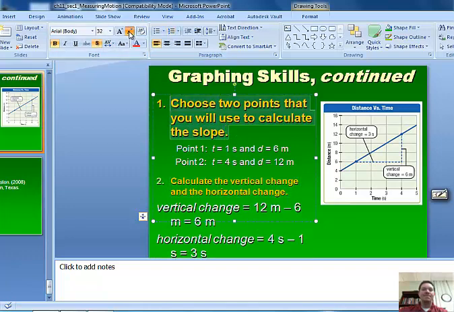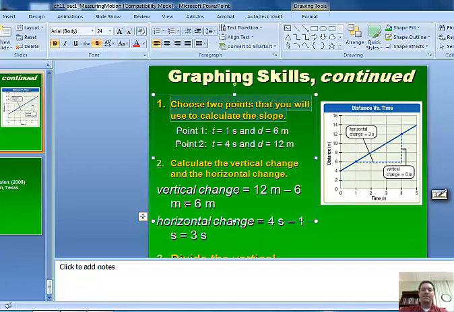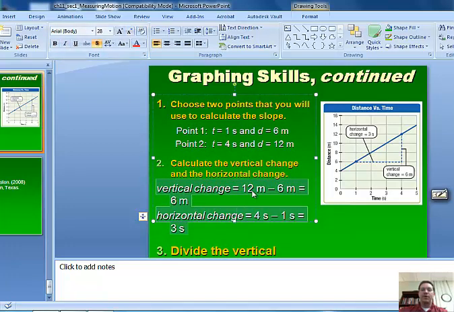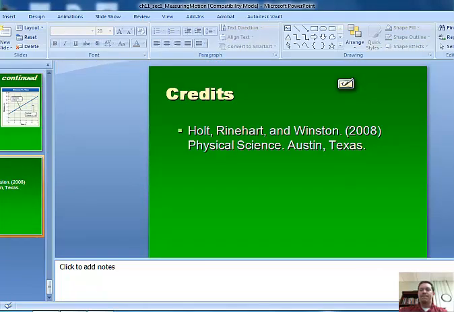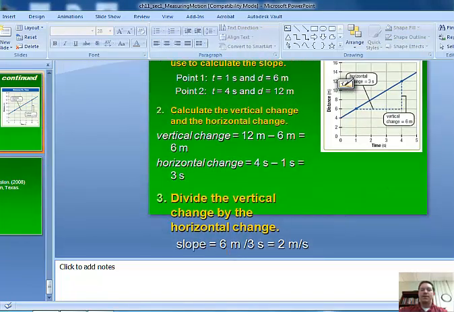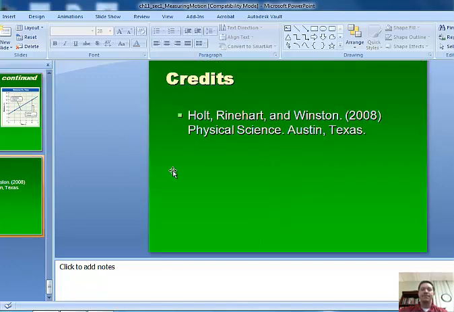So our vertical change is 12 meters minus 6 meters, and we've got 4 seconds minus 1 second. So we've got a slope, or a speed, of 6 meters divided by 3 seconds, which gives us 2 meters per second. So, thanks for listening.